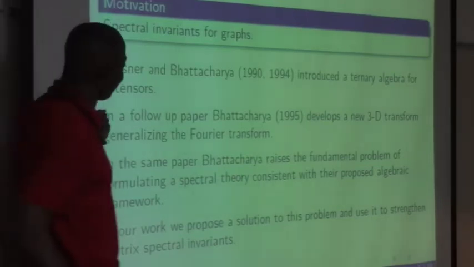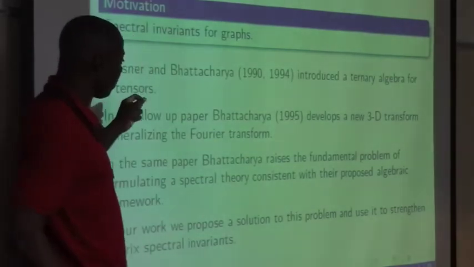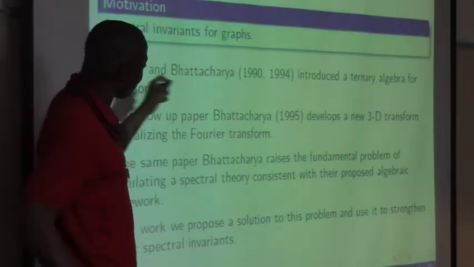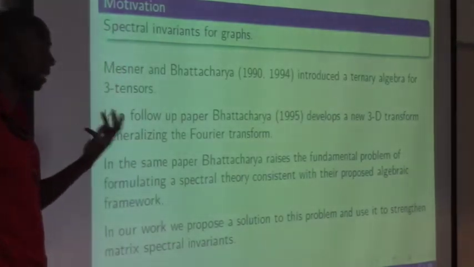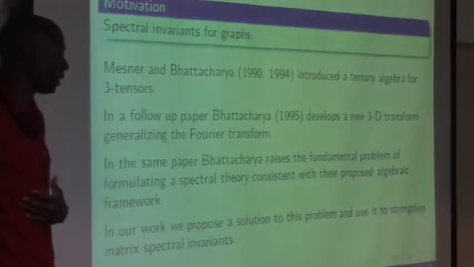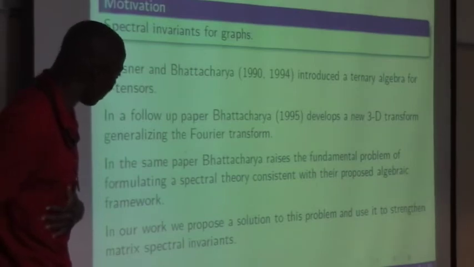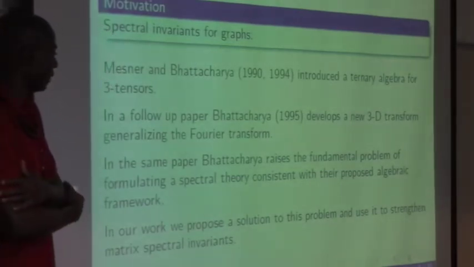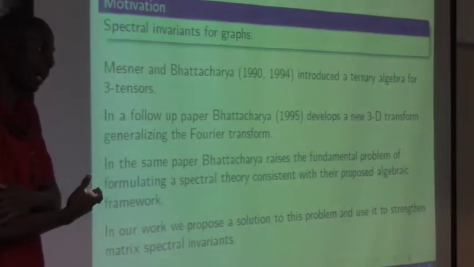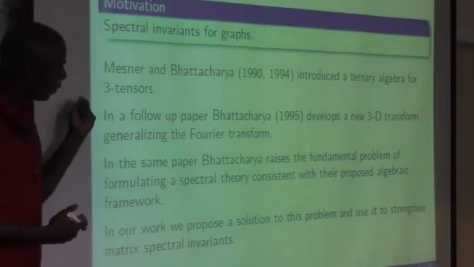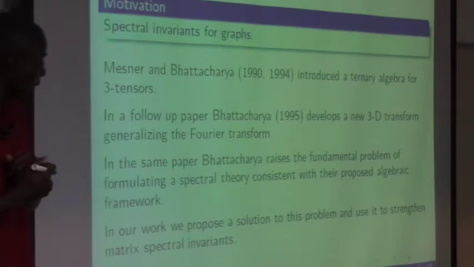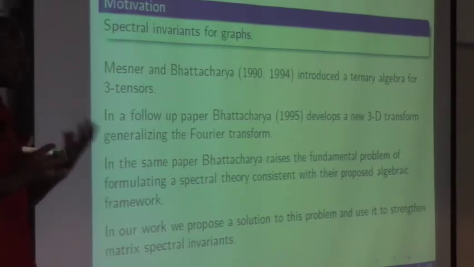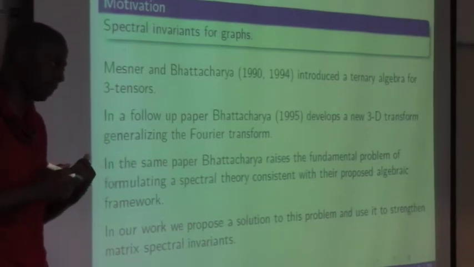And luckily, we were beaten to the punch by Messner and Bhattacharya, who were sort of investigating the same problem from a different perspective. So in 1990 and 1994, Bhattacharya and Messner were investigating a generalization of an algebra called the Bose-Messner algebra used for constructing codes, good error correcting code.